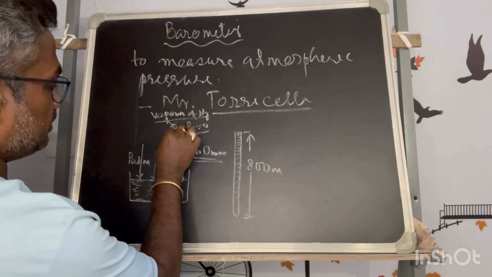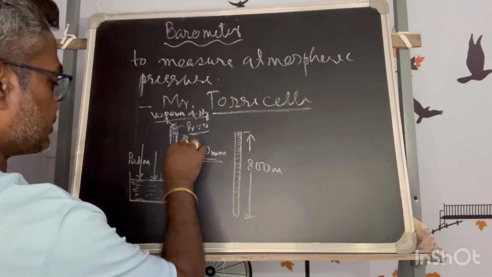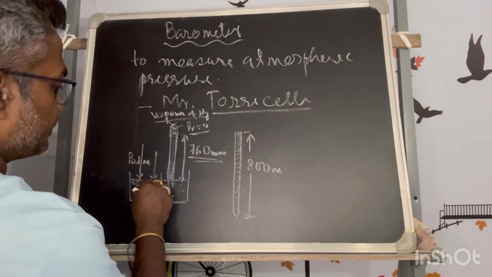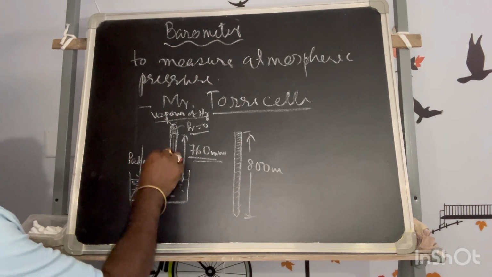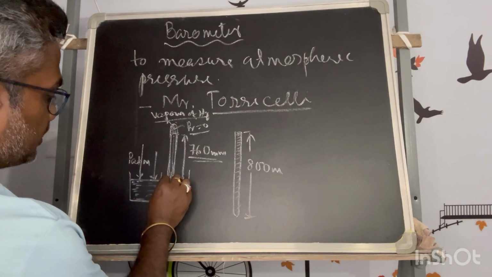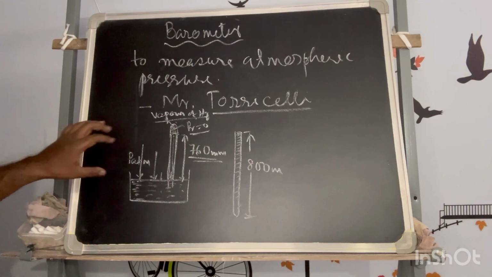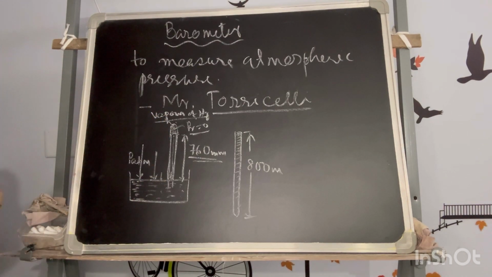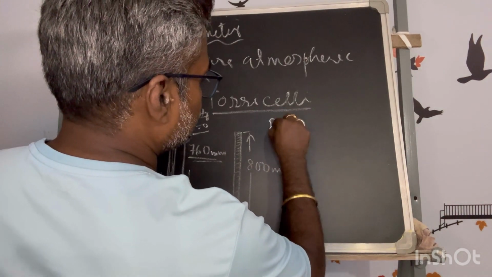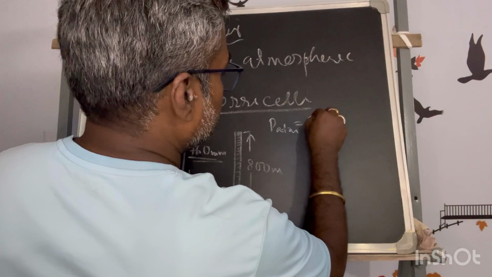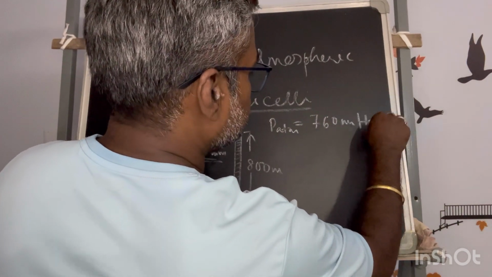It is stable in this condition, so the two pressures are the same, otherwise this would not be in equilibrium. That is the first and foremost concept. So we can say the atmospheric pressure is equal to 760 millimeter of Hg.